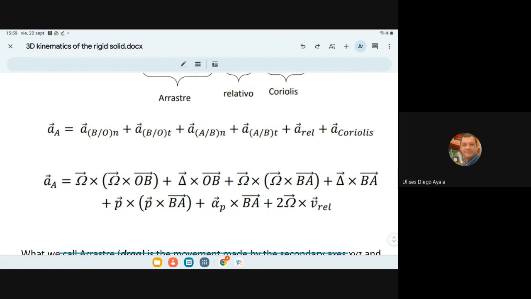And then the difference here is that one of these is 0 because there is no acceleration. So only the normal ones are the ones that will be calculated.